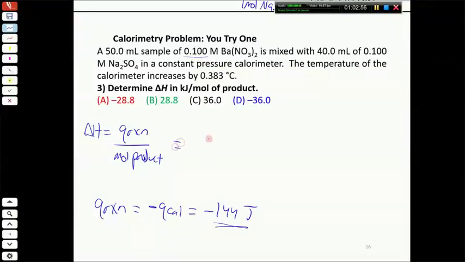We have minus 144 joules as the heat of the reaction. Moles of product we just determined on the previous one is 0.004. Now we want it in kilojoules per mole, so a common conversion we'll have to do in these problems is 1 kilojoule per 1,000 joules.